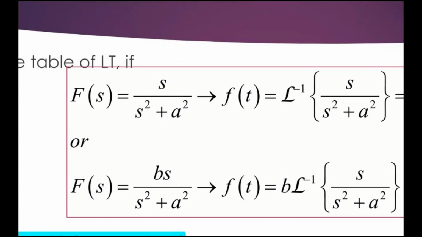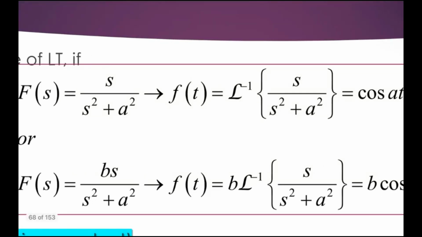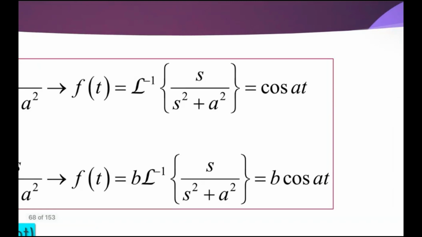Maybe you have some function, let's say b multiplied by s. So you want this function to resemble this one. So if you have b times s, because b is a constant, you can put it outside. So you put b outside, and then s over s squared plus a squared. So the answer will be b times cos at.